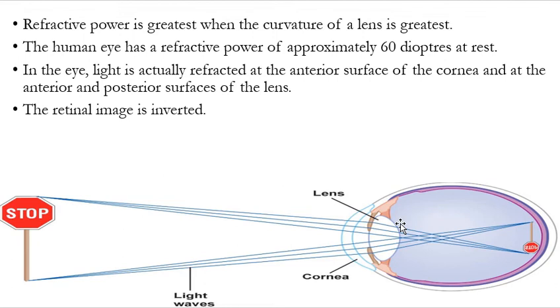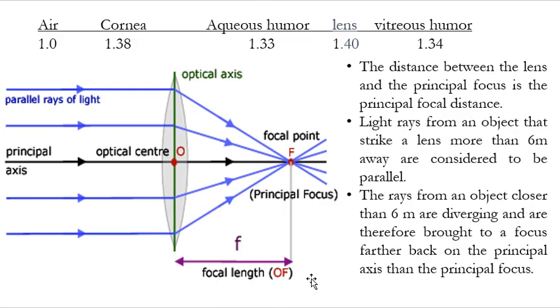Okay, so that the final image, as was said, is inverted. So on top of this screen, what we can see is how much curvature happens with each of the components.